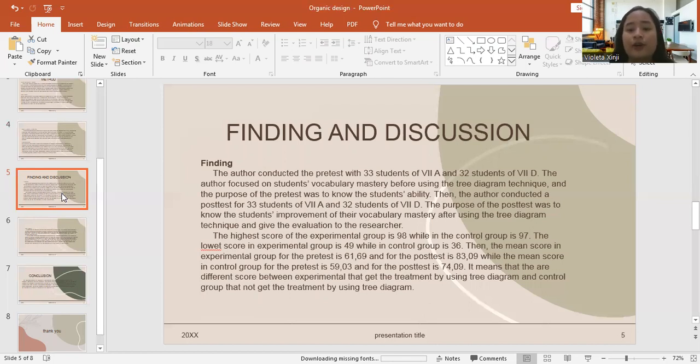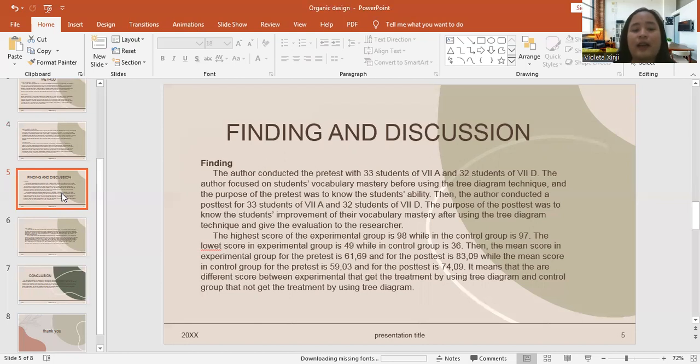Then the author conducted a post-test for 33 students of 7A and 32 students of 7D. The purpose of the post-test was to know the students' improvement of their vocabulary mastery after using the tree diagram technique and give the evaluation to the research.